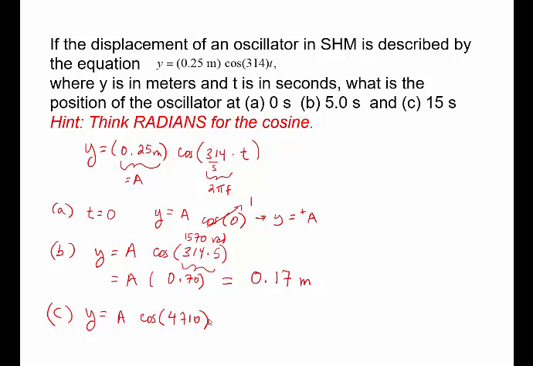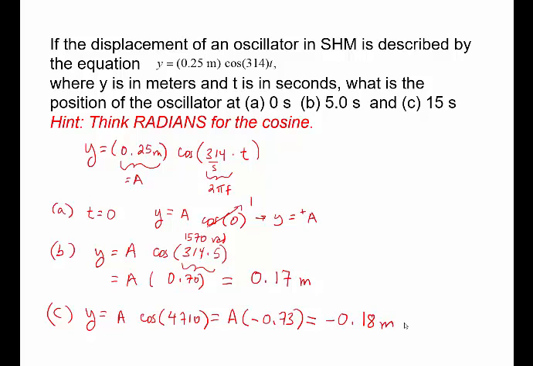Now I'm going to take the cosine of that, again in radian mode, and I get negative, so I have A times negative 0.73. So now I'm on the other end. I'm down below the x-axis, which is time. And so I multiply that times 0.25, and I'm at negative 0.18 meters. And so I can see how I'm changing with time.